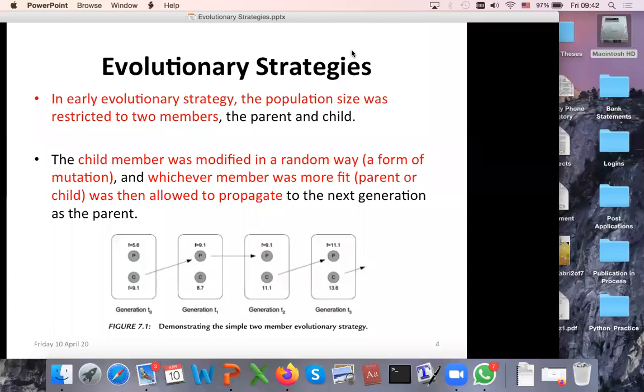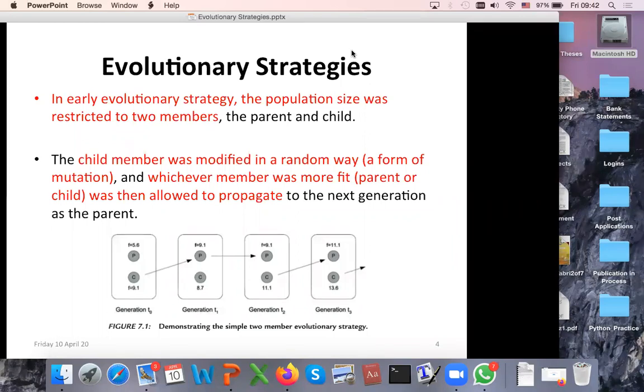This area, from the beginning to this developed idea of genetic algorithm, is basically the area of evolutionary strategies. At that time, there was no popular name for the genetic algorithm. Genetic algorithm was not known actually. People were calling all these strategies evolutionary strategies.